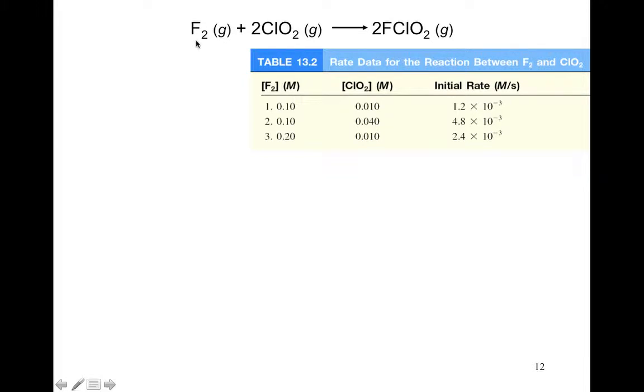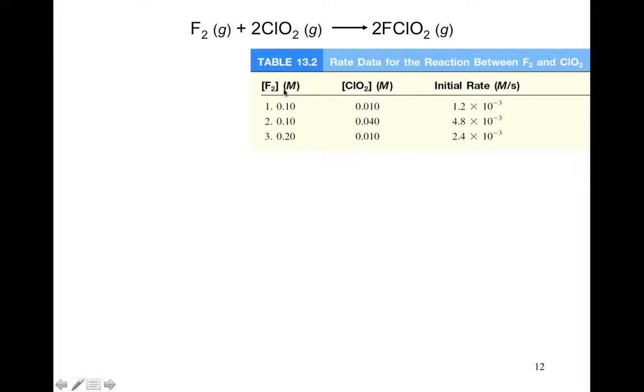Here we've got a reaction where we have fluorine gas reacting with ClO2 to make fluorine ClO2. And here we can look at this table, and it's a data of rates. So here's our initial rates, and we can look at how they're changing. We can look at how we're changing concentrations of fluorine and chloride.